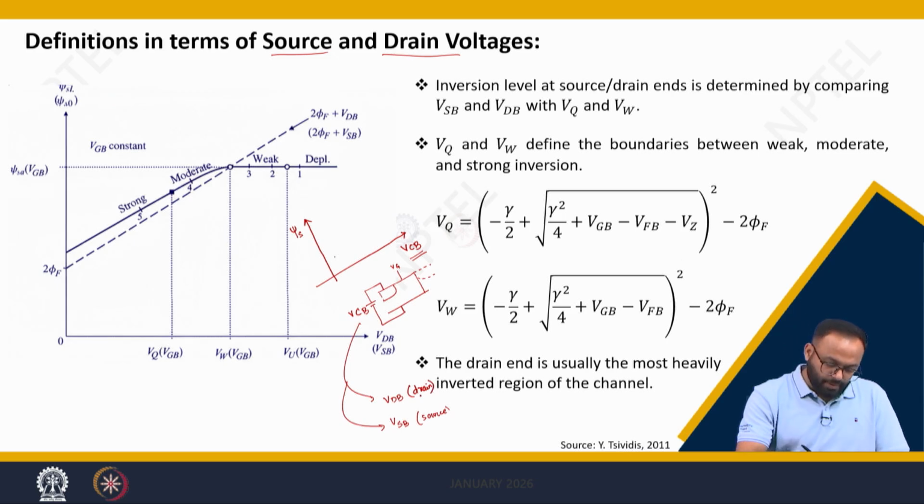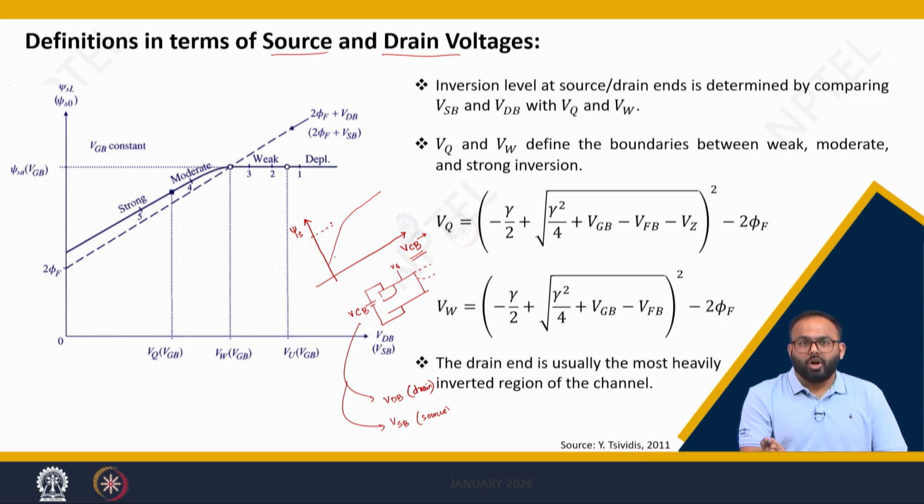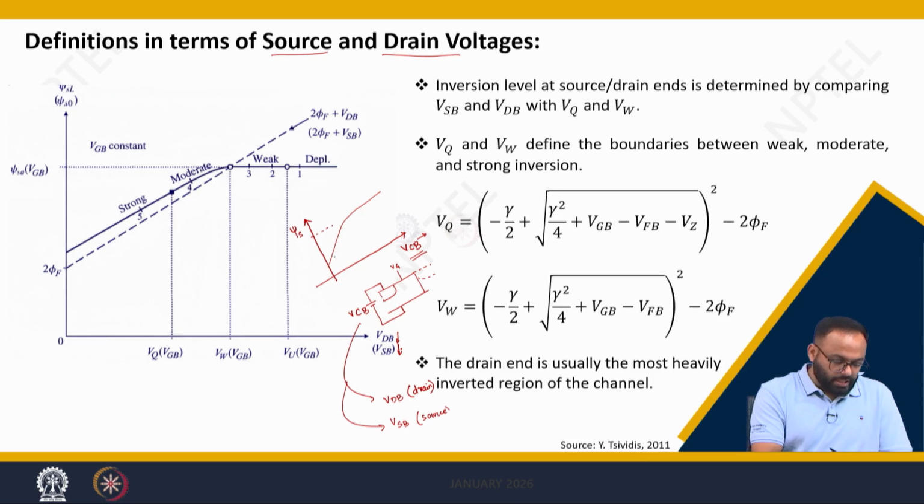We have seen that when we increase VCB, the surface potential follows this trend, meaning at the drain end if you increase VDB, or at the source side when you increase VSB, then the surface potential increases and ultimately it ends up with a maximum surface potential psi SA.